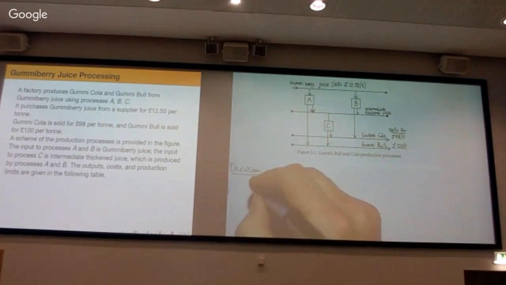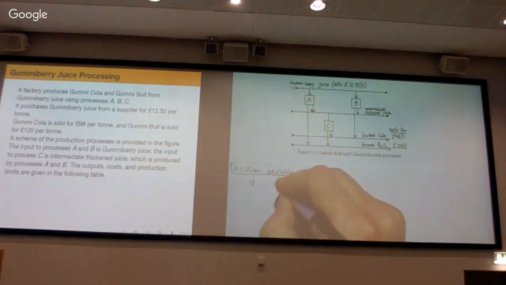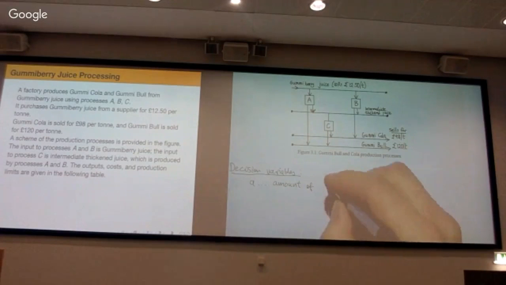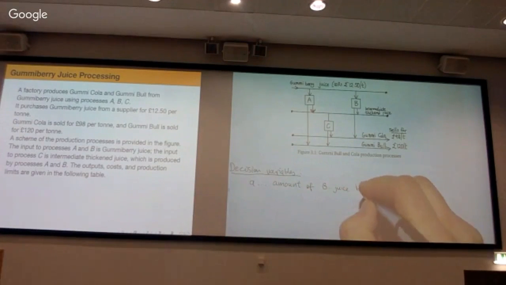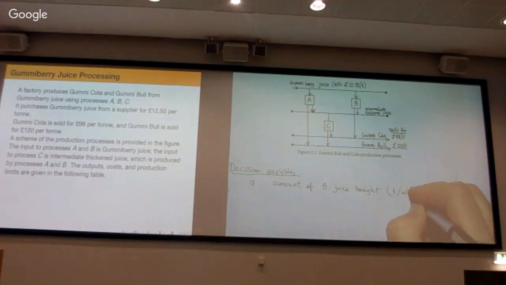Okay, so there was how much I have to buy. For some reason I call it A. And this is in tons per week. The reason I call it A here is that last year I just asked the students and they said, let's call it A. So I stick to that.